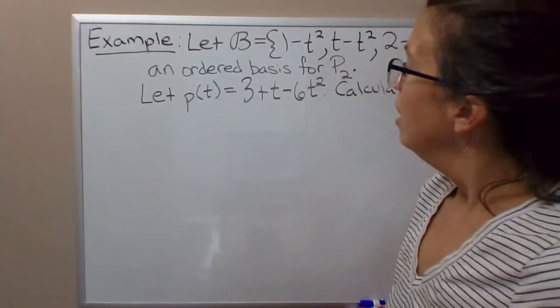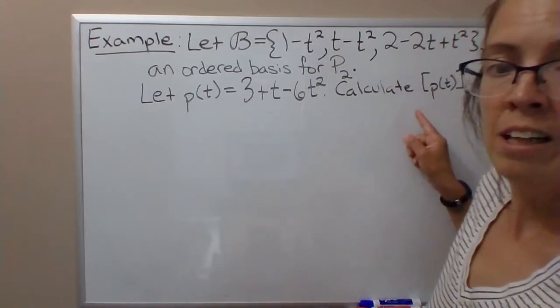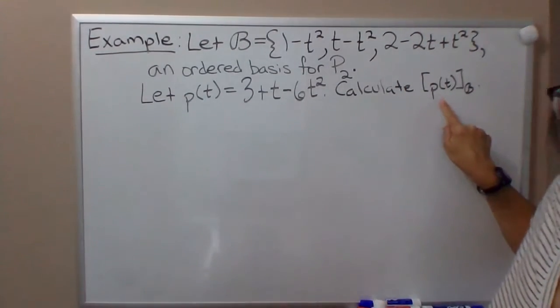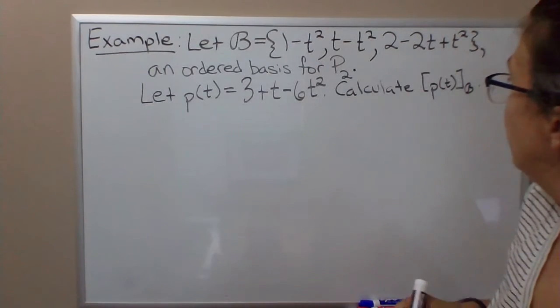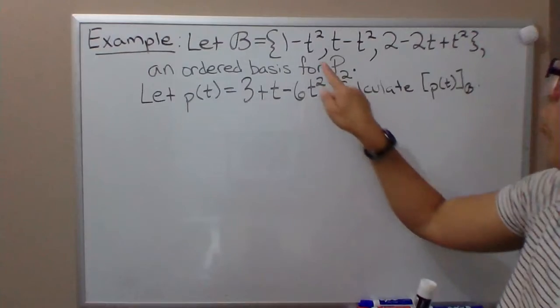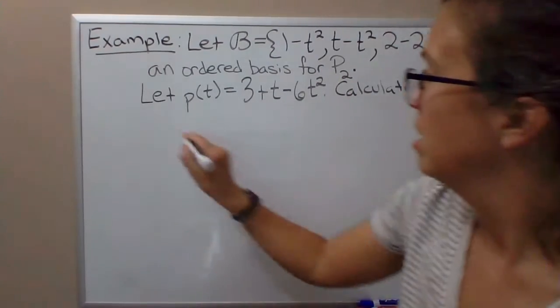So this is our polynomial number 1, this is our polynomial number 2, this is our polynomial number 3. When we find a coordinate vector, which is what this notation here means, for a certain polynomial, that means we're looking for the weights.